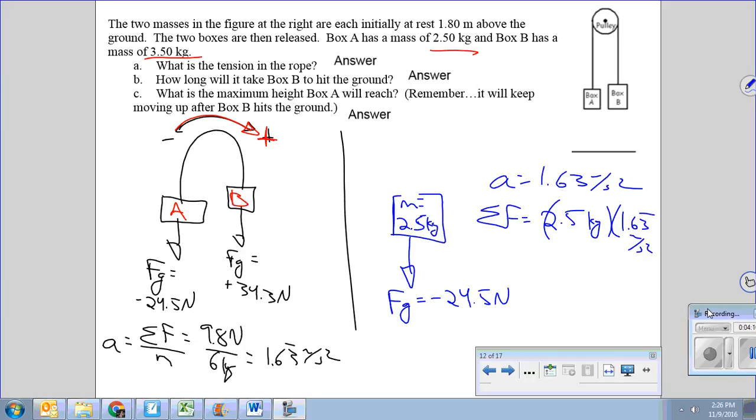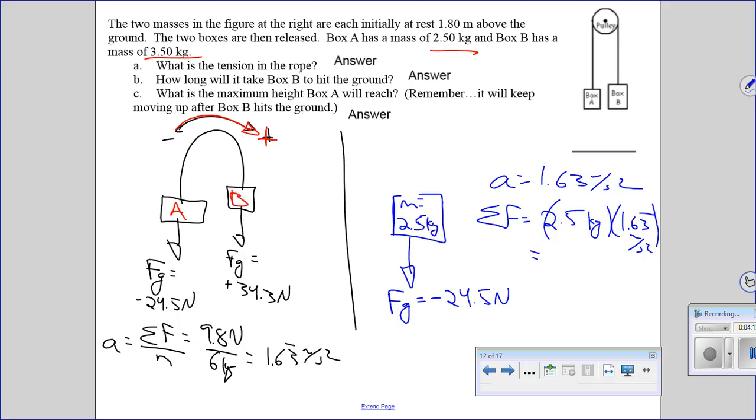All right, and so that gives you a number that I've written on this piece of paper over here: 4.083 newtons. Follow or no? All right, so now we're done. Our net force is positive 4.083.